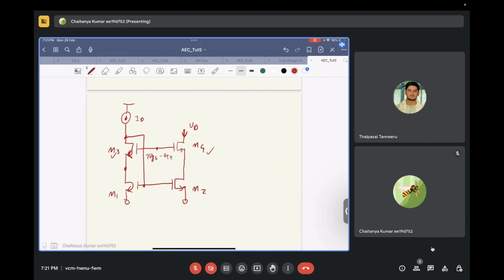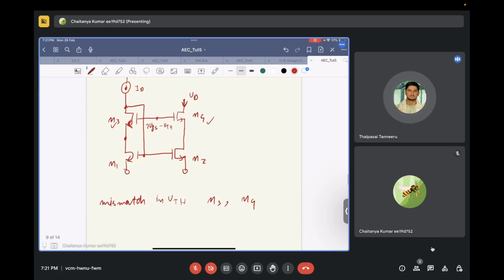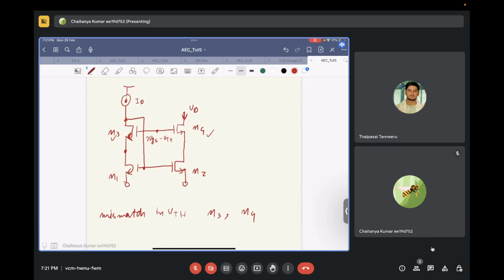Let's talk about only the mismatch in the threshold voltages, so let's say there is mismatch in VTH of M3 and M4. If this is VGS minus VTH, this particular voltage will be some VGS1 and this particular voltage will be some VGS2.